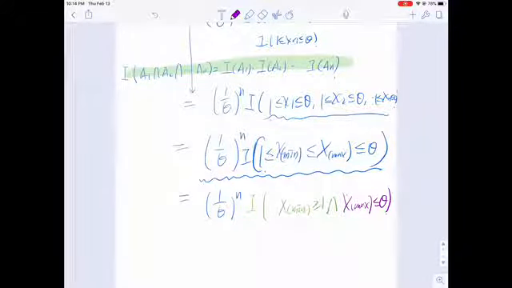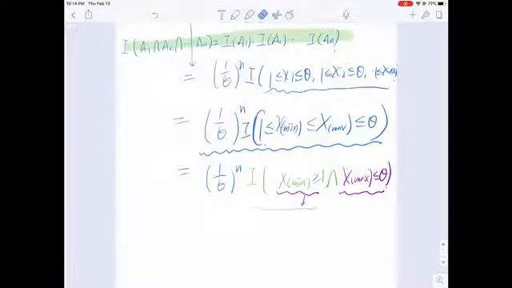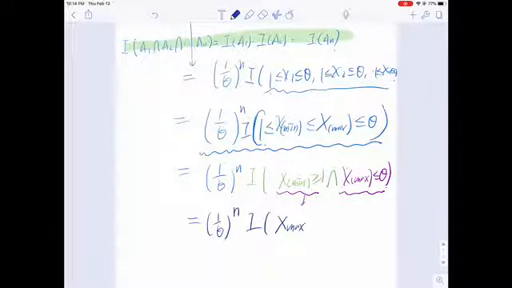The reason that I break this down into two parts is because apparently the first part has no theta in it and the second part has theta in it. So let's rewrite this identity. I of x max is less than or equal to theta times I of x minimum is greater than or equal to 1.